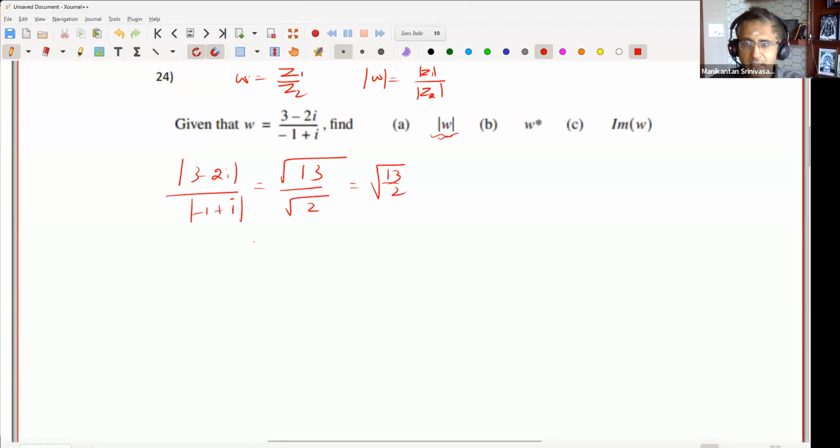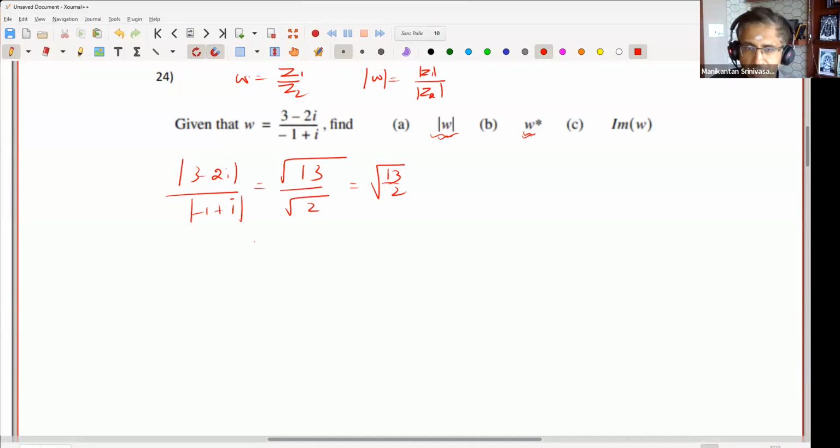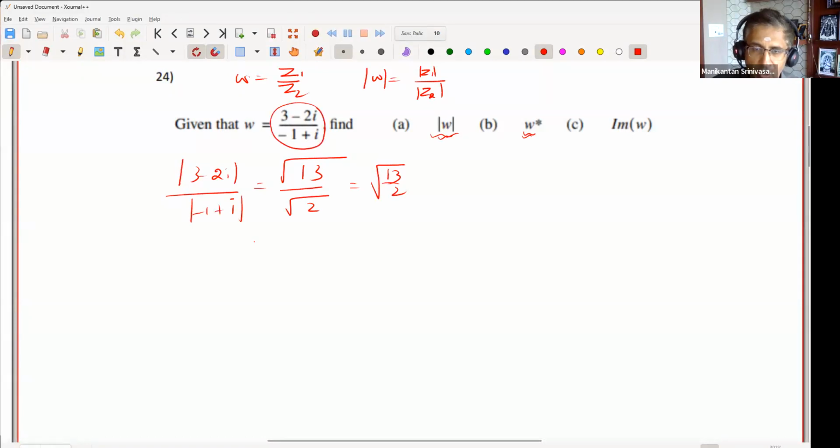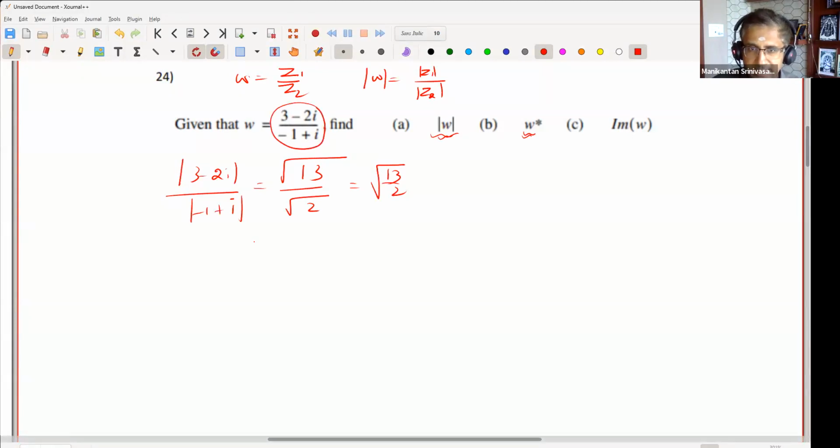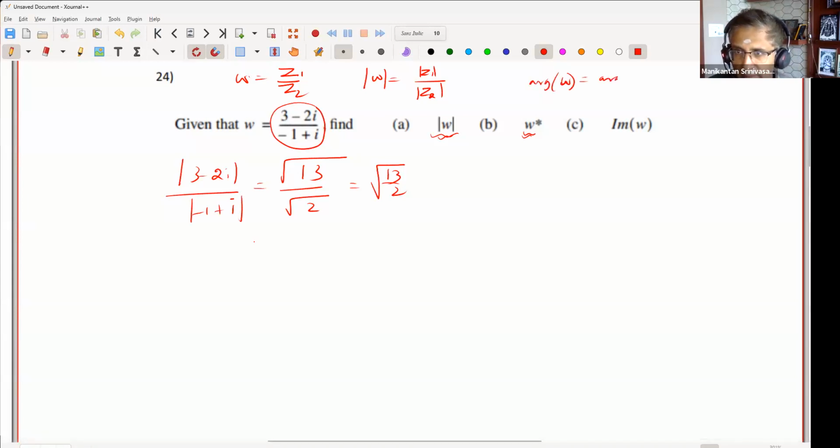So that's this. Argument of W star. On the calculator, you can do this, 3 minus 2i. Argument of W would be argument of Z1 minus argument of Z2. Now, some of them will be able to be done without a calculator. Some will need a calculator.